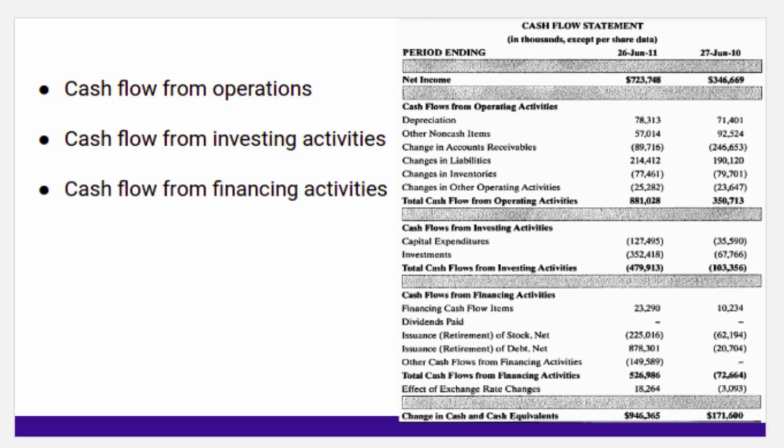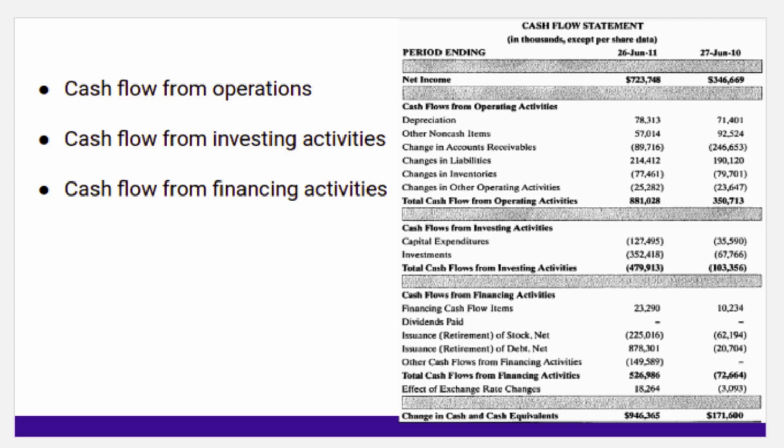Cash flow from financing activities deals with financing decision making, that is, financing activities that produce a net inflow of $526,986.